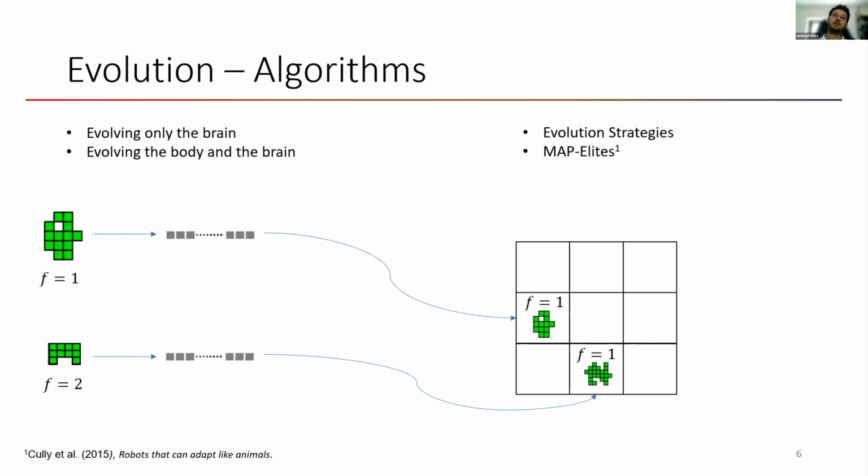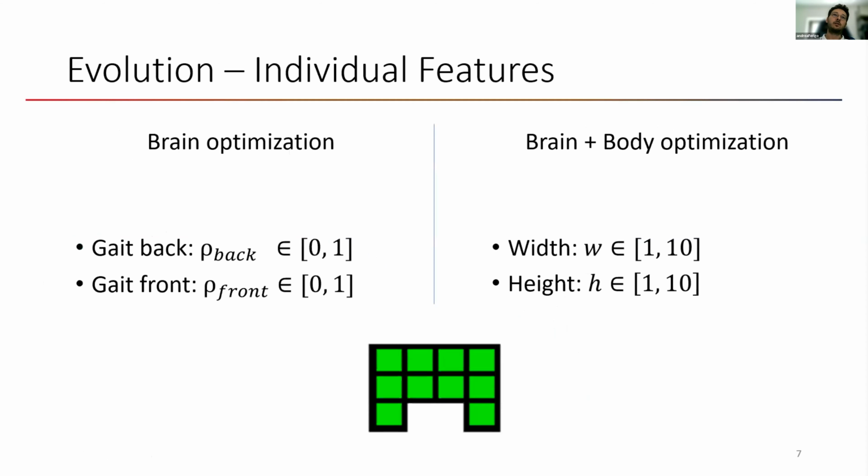Instead, if the position is already occupied, only the best individual will be maintained for that cell. So if it is a maximization problem, here we have a robot with a fitness of 2 that will replace the robot with a fitness of 1.